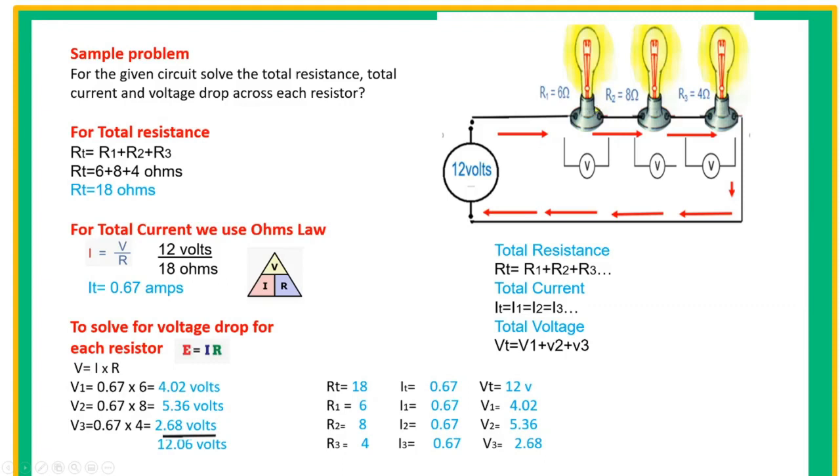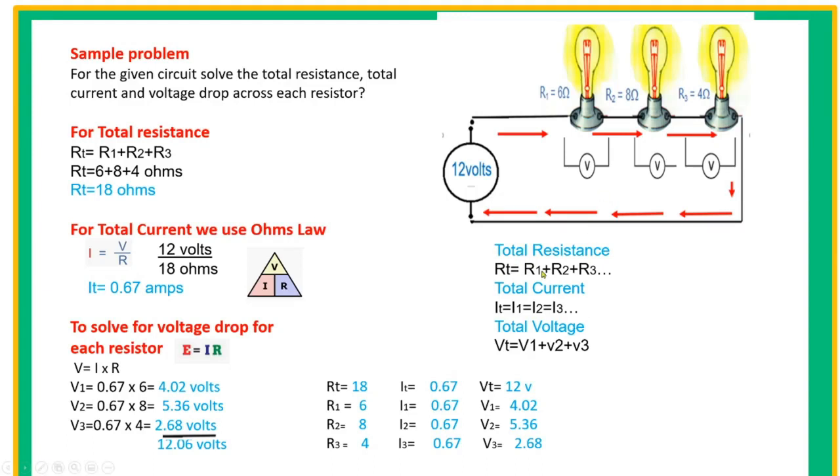If the resistances of the lamps are 6 ohms, 8 ohms, and 4 ohms, we simply add these resistances and you will get 18 ohms. And for the current, we use Ohm's law: I equals V over R. Our voltage is 12 volts, our resistance is 18 ohms, and our current is 0.67 amps.